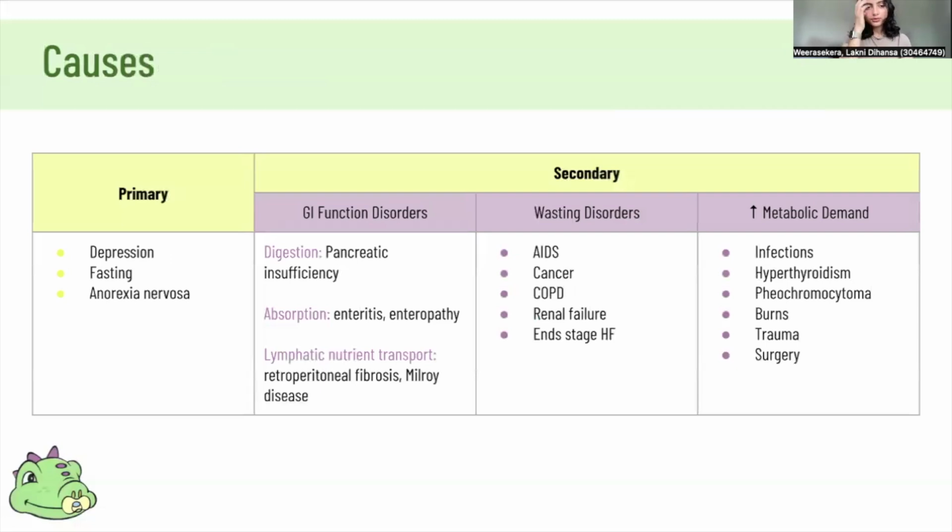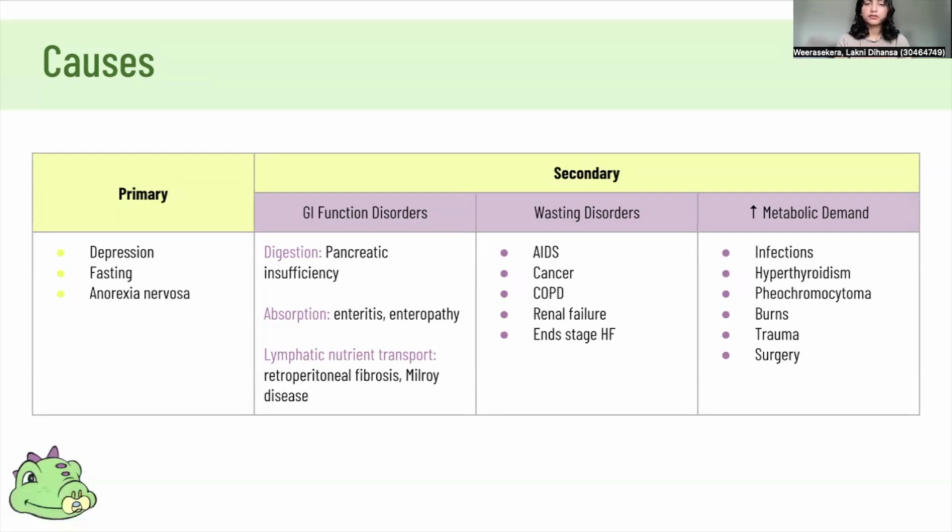Okay, so some primary causes can be depression, fasting, anorexia nervosa, which all impair the amount of macronutrients that the patient may take in. And some secondary causes can be grouped into GI function disorders, wasting disorders, and conditions causing an increase in metabolic demand.